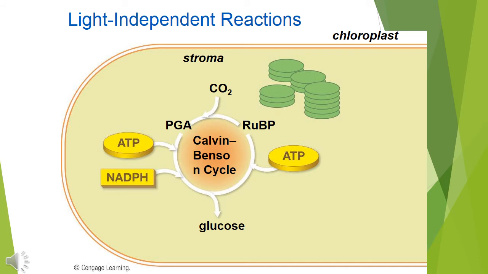As it does so, it will convert this 3-carbon compound called a PGA or a 3-PGA into another carbon compound called the G3P. And it doesn't say that on this slide, but that's how it works.